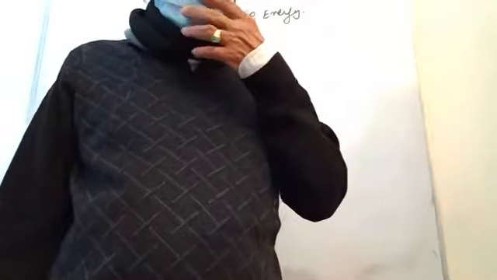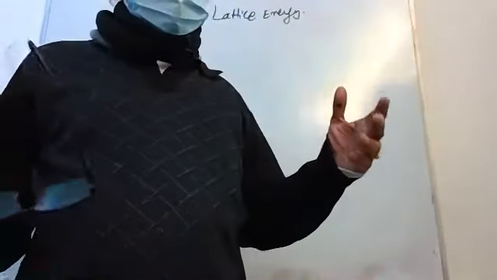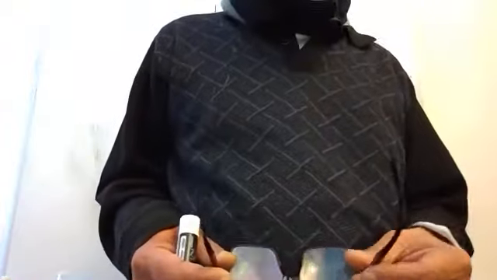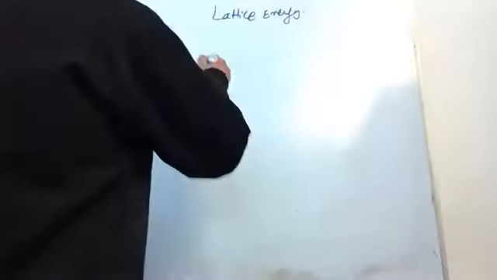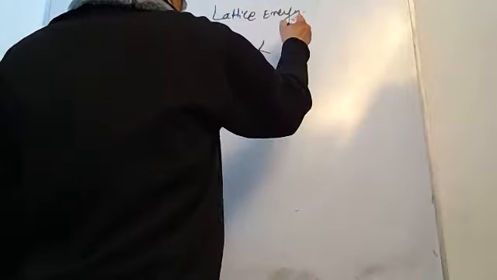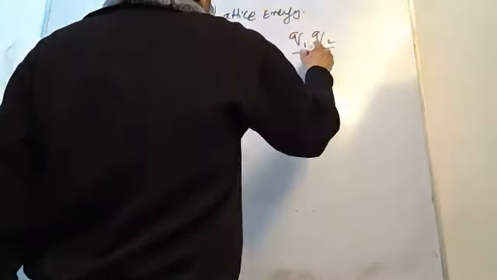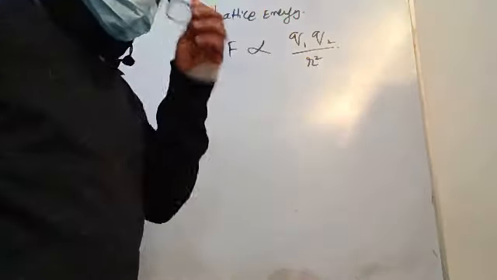As I told you, this is nearly impossible to do experimentally. So lattice energies are either calculated qualitatively or through indirect means. So I will show you that very quickly. In general, the lattice energy, which is basically related to the force of attraction between a positive and negative, is proportional to the charges of the ions divided by the square of the distance they are separated by.